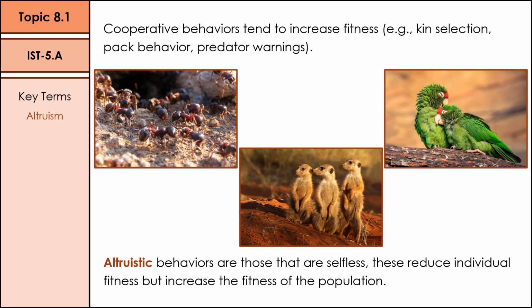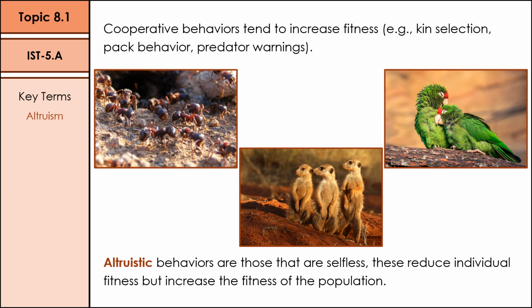And these all fall into this category of cooperative behaviors. We're working together. So we've got the idea that as a society or as a group, we can increase the fitness overall of the population itself by working together. We see these types of behaviors in ants, beetles. A lot of those colonial species will work together, share the load to increase the fitness of the whole.